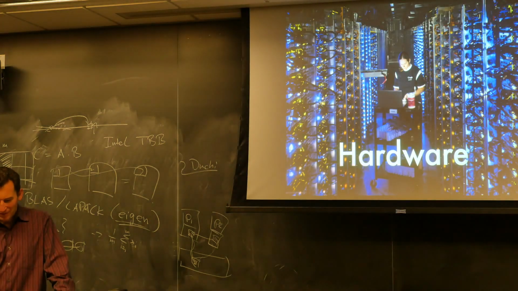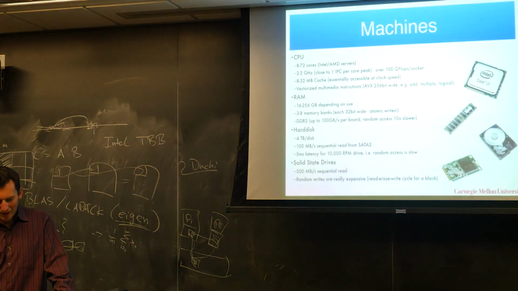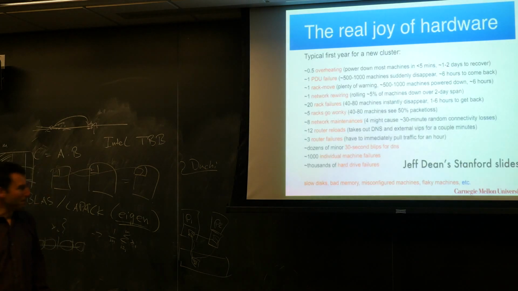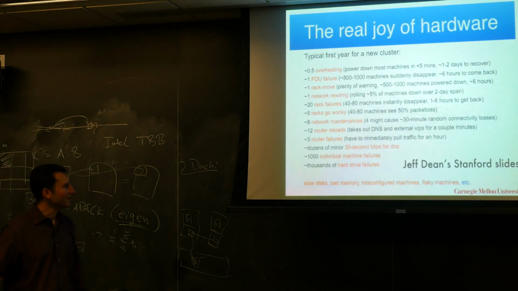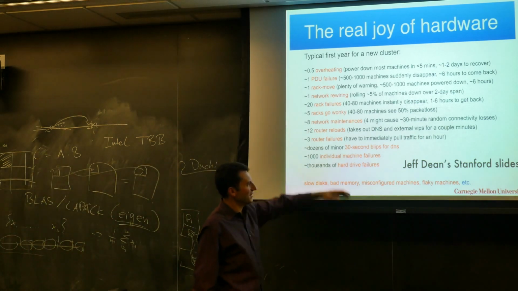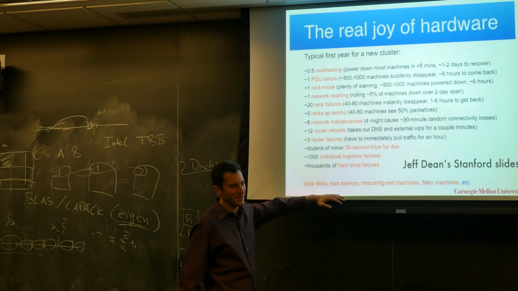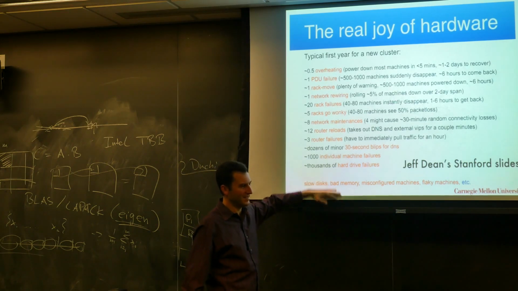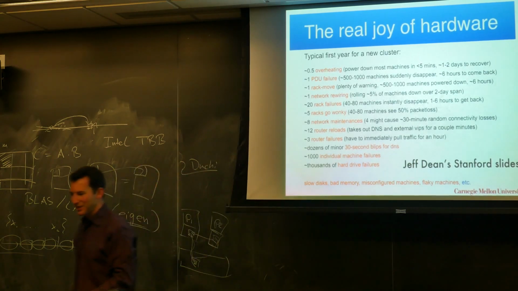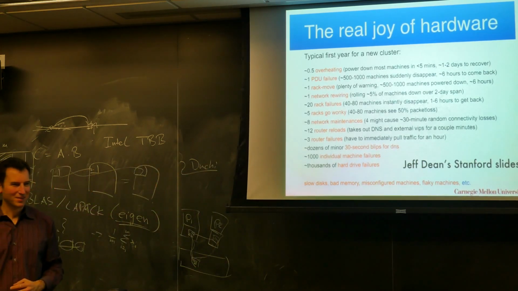Okay, so we've already talked a little bit about hardware. This is just some more background. You might as well look at that at some point, but basically, this is from Jeff Dean's Stanford slides, so he taught a class on this. And essentially, what this tells you is that in a server center, stuff can go even more horribly wrong.